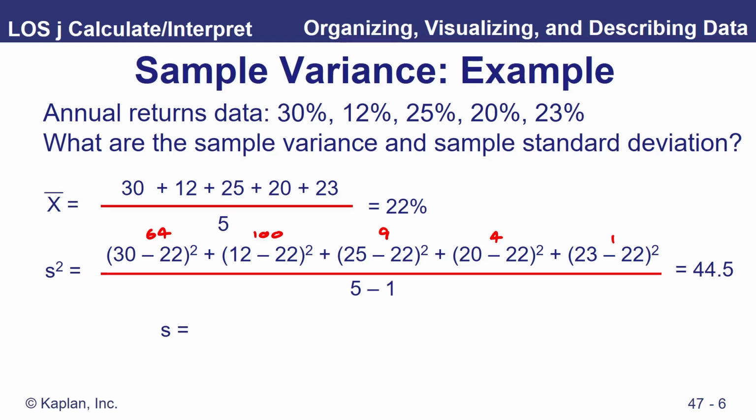We can work out the standard deviation by taking the square root of our variance, the square root of 44.5. Square root that, and we get 6.67%. And notice, therefore, it's coming out in the same units as our original data set. Because our data set were returns measured in percentages, our standard deviation comes out in percentage. And remember, what we're saying with standard deviation is it's measuring dispersion around an arithmetic mean.